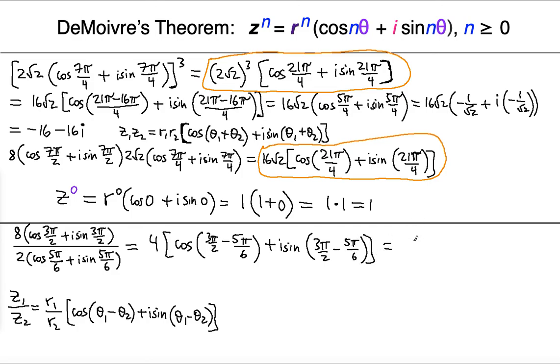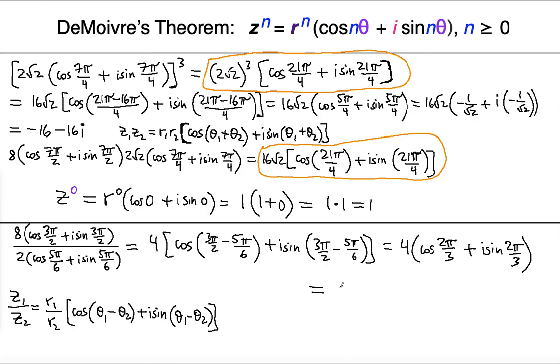And what that gives us: we need a 6 in here, so the LCD is 6, that means 3 times 3 is 9 pi over 6. 9 pi over 6 is the same thing as 2 pi over 3. So this should be 2 pi over 3 plus I sine of 2 pi over 3.